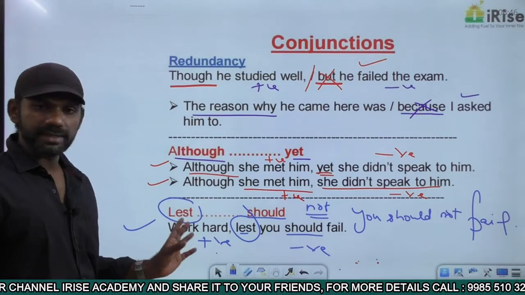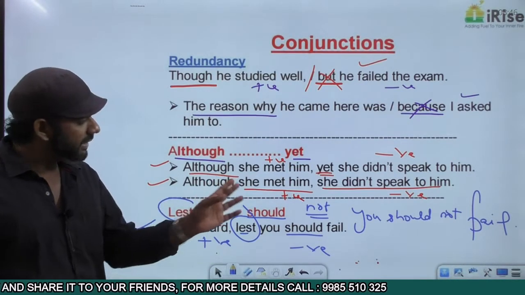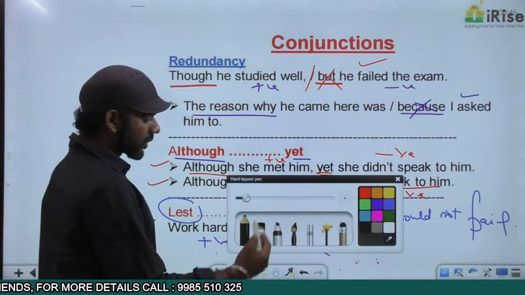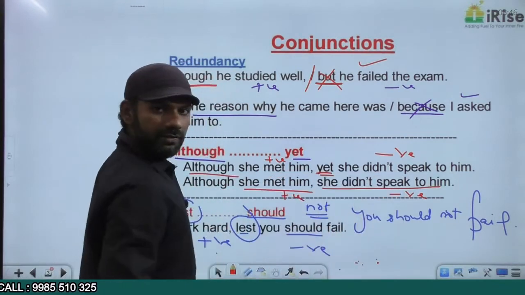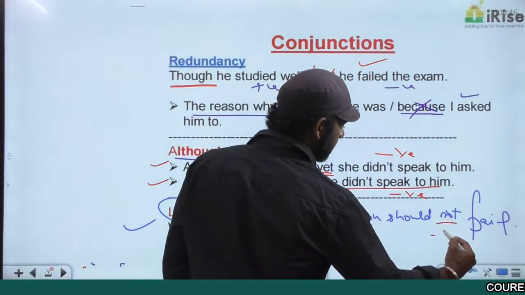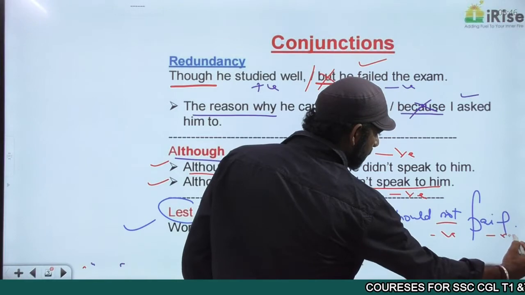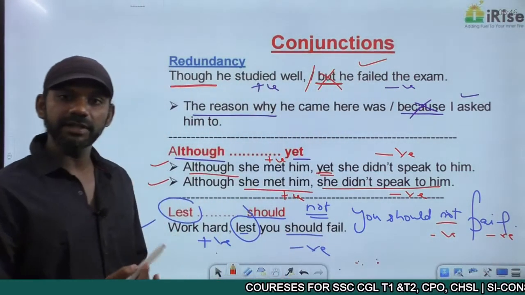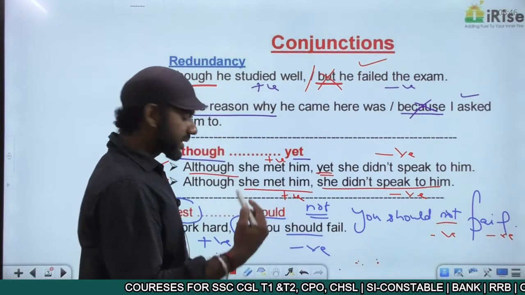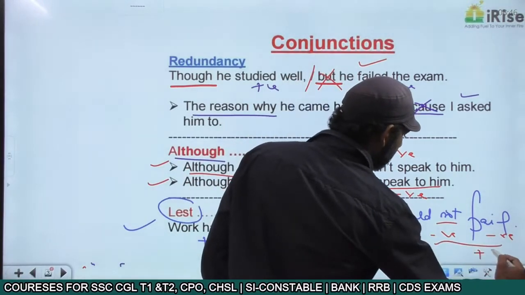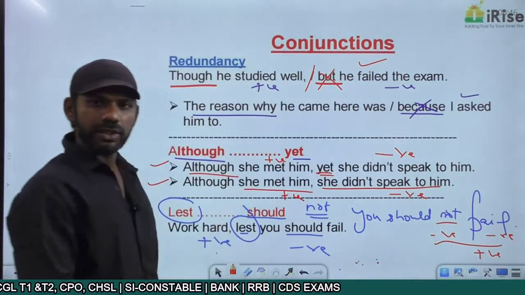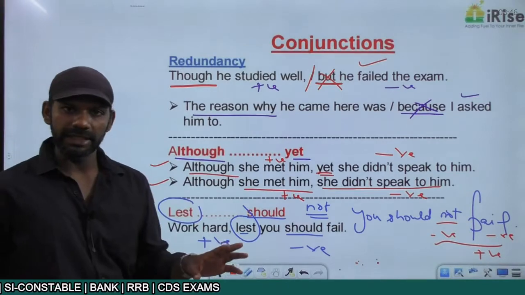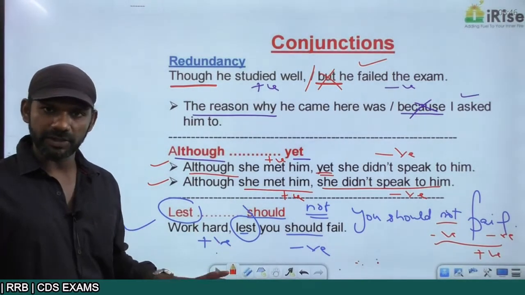The idea before lest is work hard, of course positive. Now the idea after lest is, what I wrote is, you should not fail. Should not is negative. Fail is also negative. We have two negative terms in this idea. Two negative terms coming together, double negation becomes positive. So you should not fail is positive because of double negation. Work hard is anyway positive.